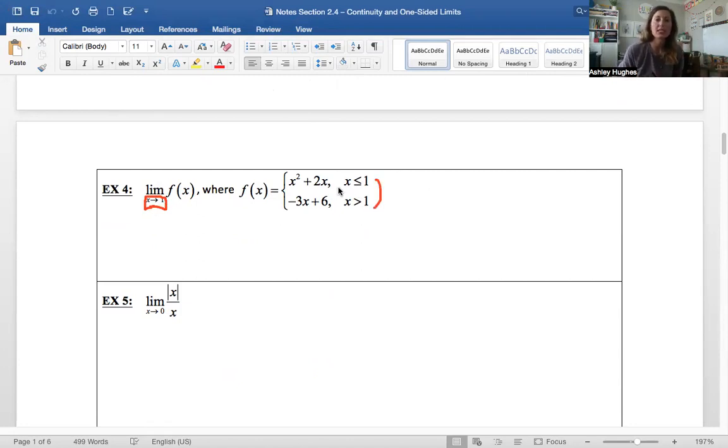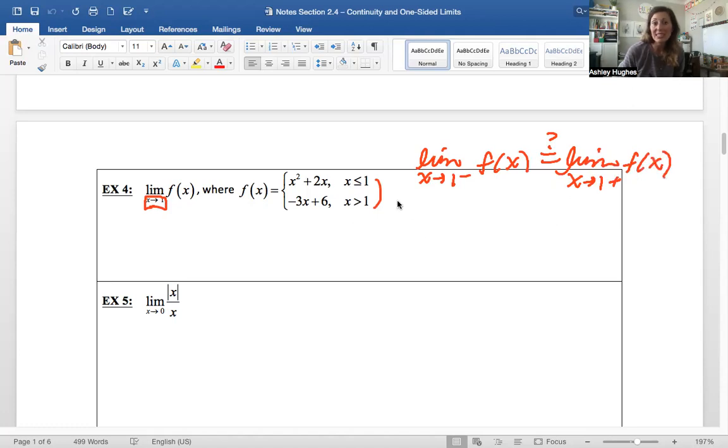So I need to investigate: does the limit as x goes to 1 from the left equal the limit as x goes to 1 from the right? Basically all that means is plug 1 into this top piece and plug 1 into the bottom piece and see if they equal each other. If I plug 1 into that top piece, I get 1 plus 2, which is 3.